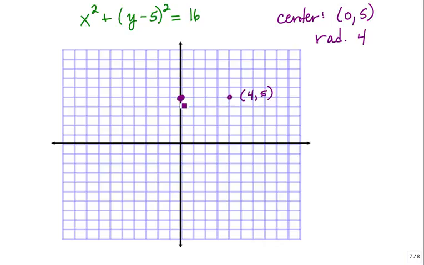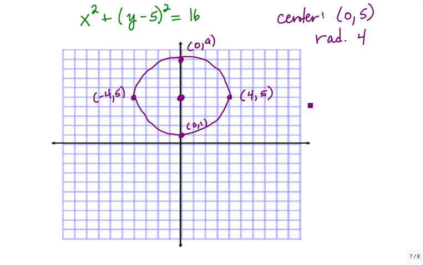Go down 1, 2, 3, 4. This is the point 0, 1. Up 4, 1, 2, 3, 4, which would be what, 0, 9, and left 1, 2, 3, 4. So this would be negative 4, 5. And then we would connect these points to get the circle. Okay?